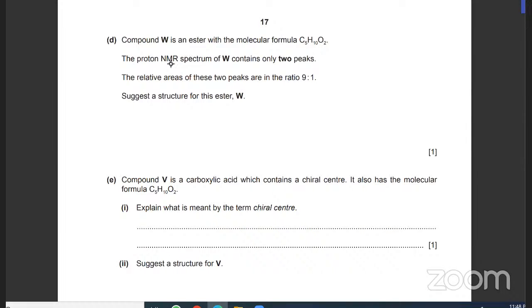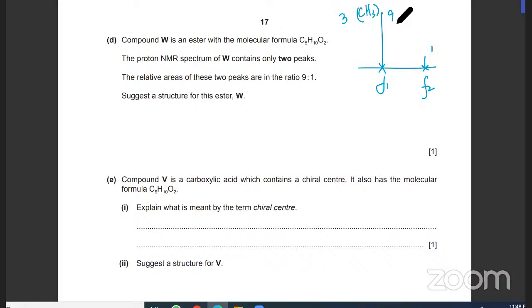And the proton NMR spectrum of W contains only 2 peaks. And the relative area of these 2 peaks are in the ratio 9:1. So you've got 2 peaks in the NMR spectrum. One is at, let's say, frequency F1. The other one is at frequency F2. One of them has a relative height of 9, and the other one has a relative height of 1. Now, whenever you have a relative height of 9, the only way you can have 9 protons is you could have 3 CH3s, right?